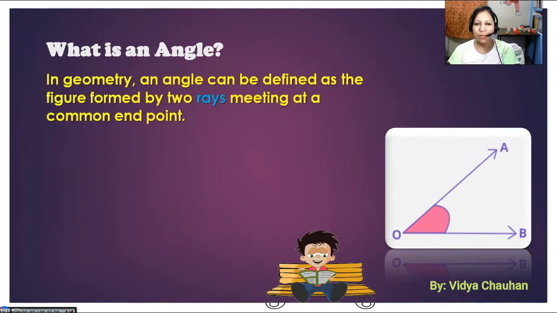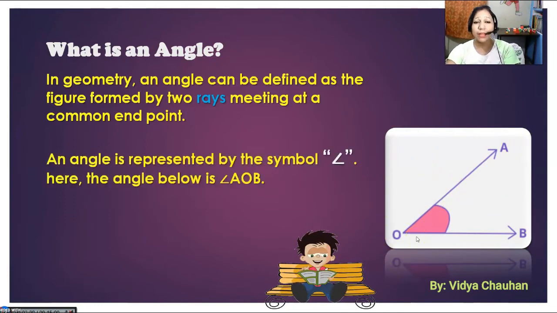In geometry, an angle can be defined as the figure formed by two rays meeting at a common end point. In the picture, there are two rays, ray OA and ray OB. These two rays are meeting at a common point O. So this shape is forming an angle, right?